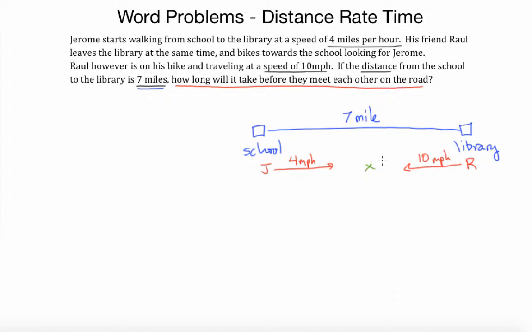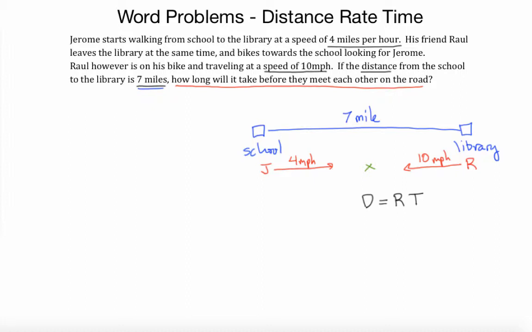Okay, let's start thinking about what we know. All distance, rate, time problems involve the relationship that the distance you travel is equal to the rate of speed times time. So distance, rate, time. What I'm going to do is write a distance, rate, time formula for both Jerome and Raul and think about what we have going on here.